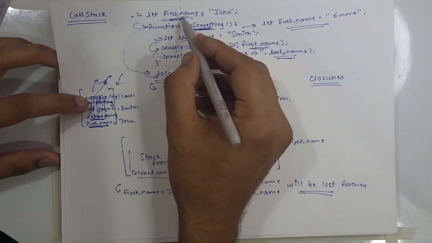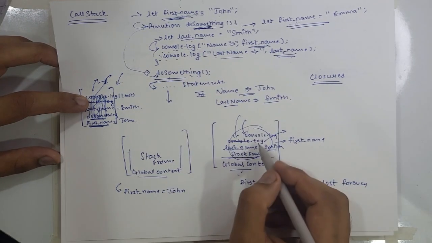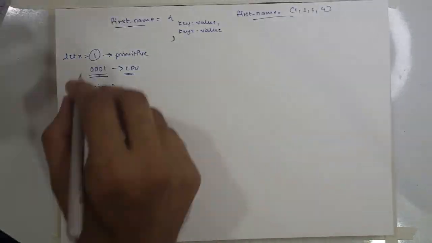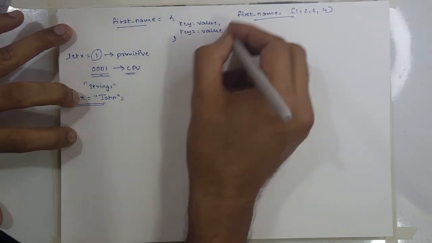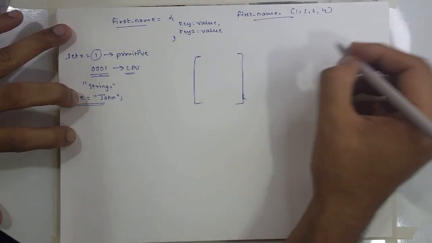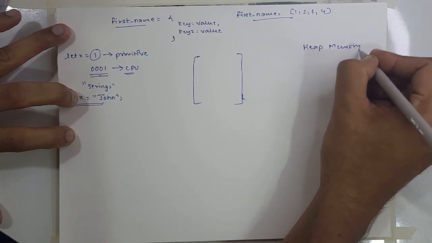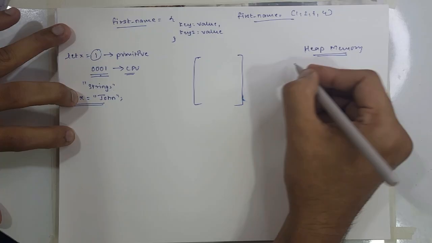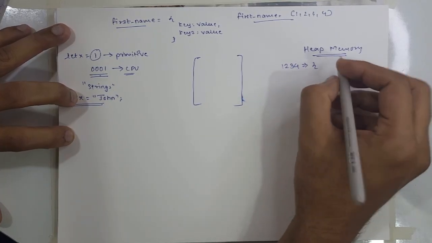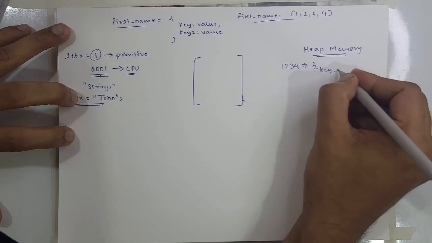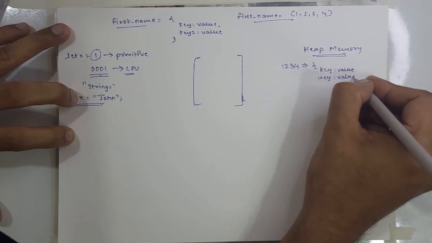Because as I said, this is stored in the global context, and last_name is stored in the stack frame. So in case of objects, in the stack we don't store the actual value of the object. These objects are stored in the heap memory, from where they can be accessed easily, maybe at a memory location 1, 2, 3, 4. This memory location corresponds to this object. Now this is not as simple as I'm saying, but for now just assume this is what it is.